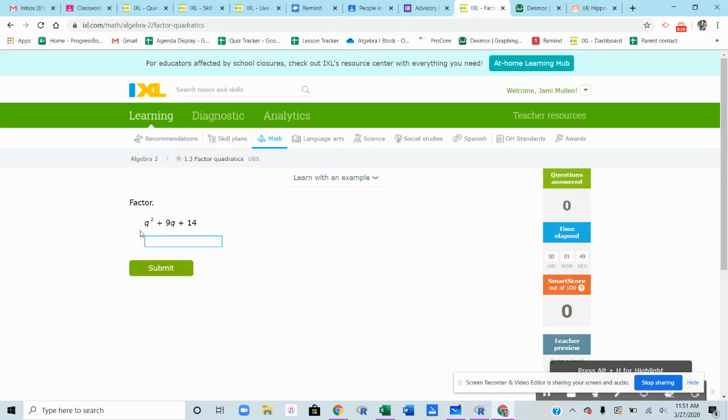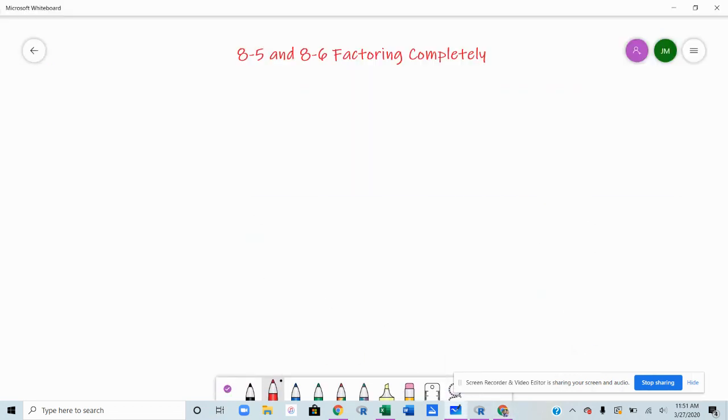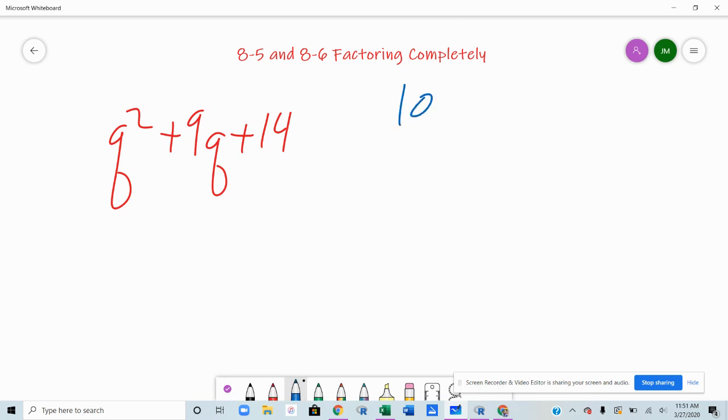So we have q squared plus 9q plus 14. The first thing you always want to do is look for the GCF. See if there is anything that all three terms have in common.